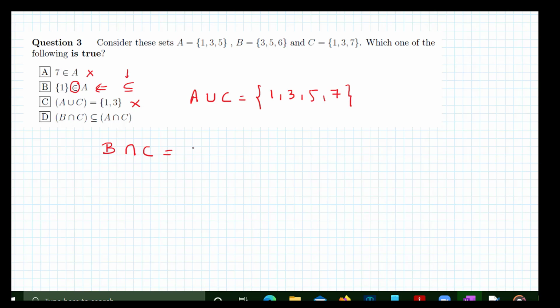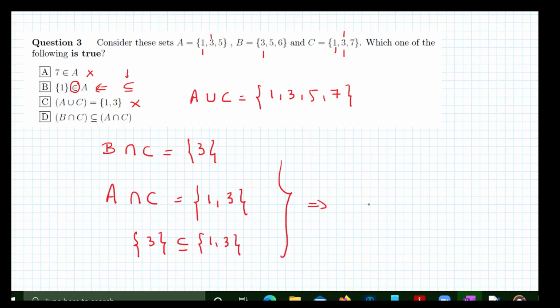So we have B intersect C is a subset of A intersect C. B intersect C equals the singleton {3}. As you see here, the only element which is in common between B and C is 3. Whereas A intersect C equals the set {1, 3}. And we know that the singleton {3} is a subset of the set {1, 3}. So we deduce that B intersect C is a subset of A intersect C.